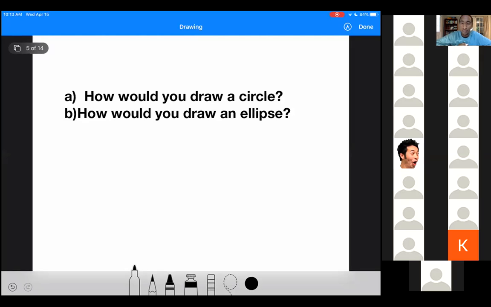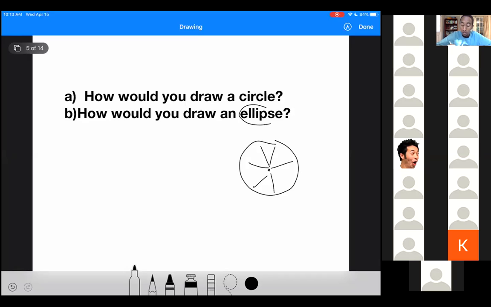Anyone can unmute themselves and share. Use a compass. Okay, so you could use a compass. The compass is all related to what point when you're drawing a circle? The center point. So for a circle, if you use a compass, you go around the center, and every point will be an equal distance from the center, and the compass helps you draw that accurately.